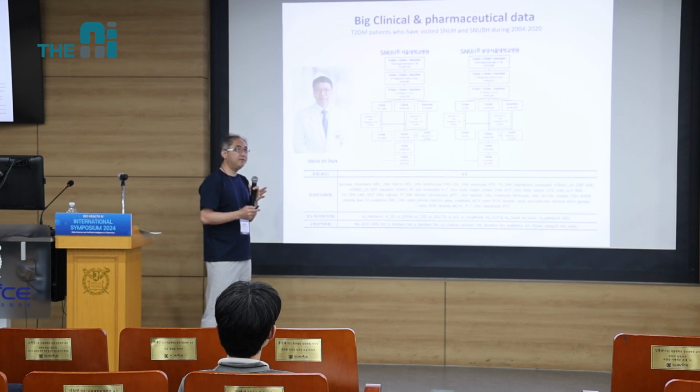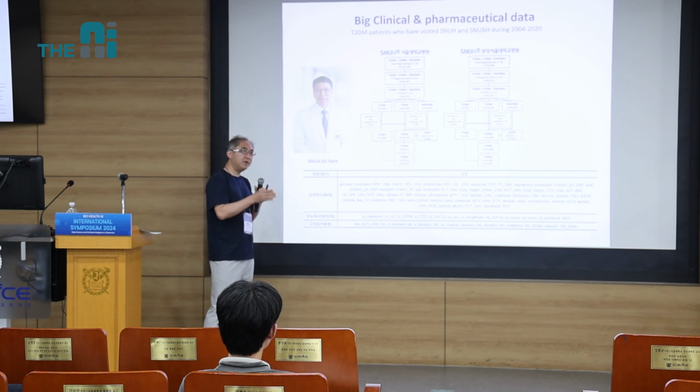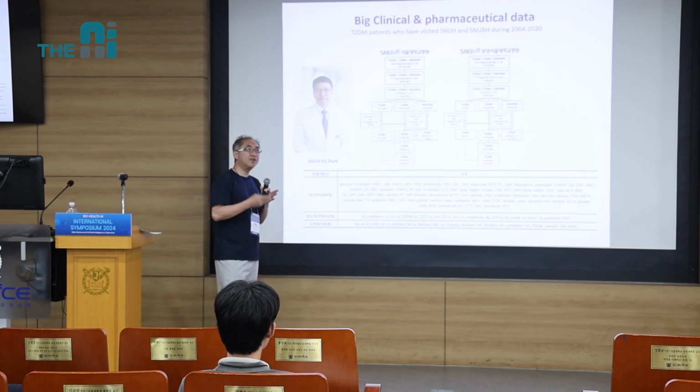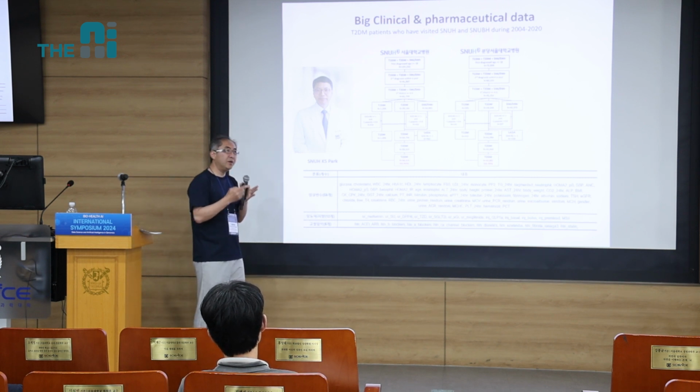Every time they visit, they get a blood test and a urine test. So every visit, we can gather about 130 variables and the measurements for those 130.